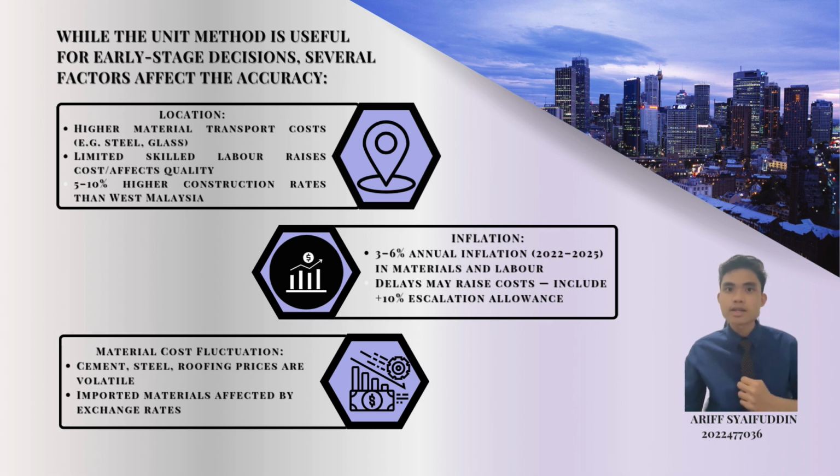Secondly is inflation. Annual inflation in construction materials and labor can impact final costs. Between 2022 to 2025, Malaysia has experienced moderate inflation, 3 to 6% annually. And if construction is delayed or takes place over an extended time, a cost escalation allowance should be included, for example, 10%.